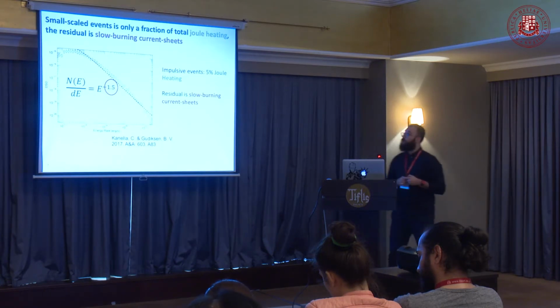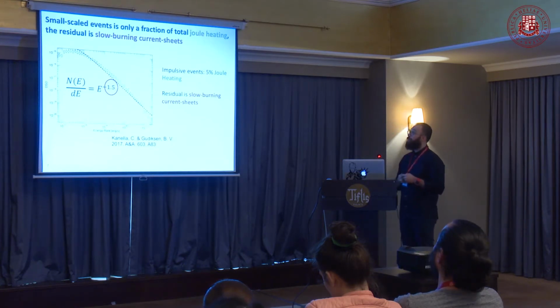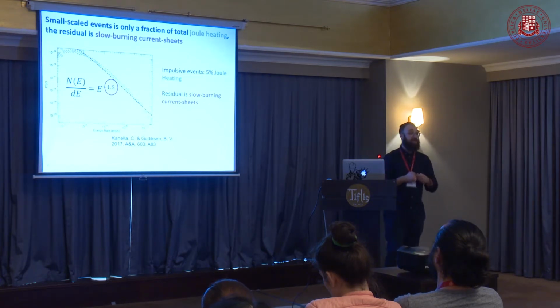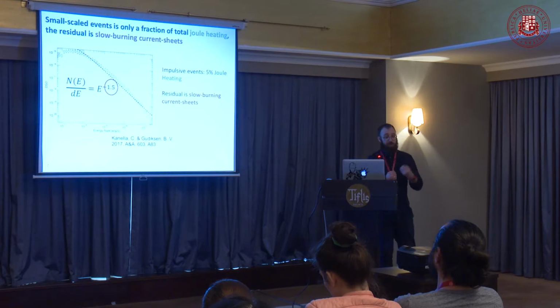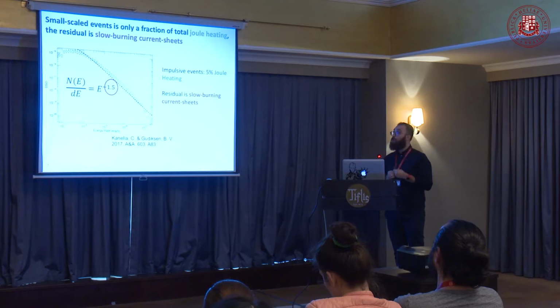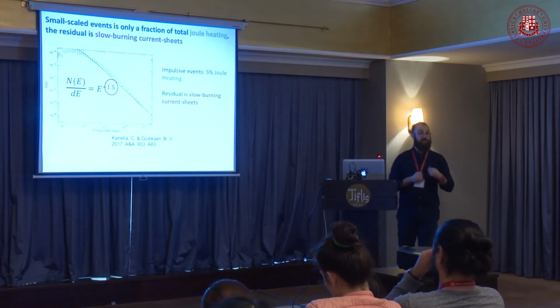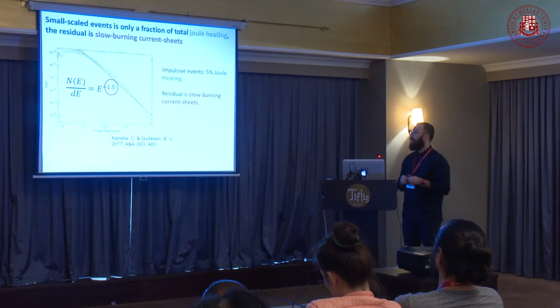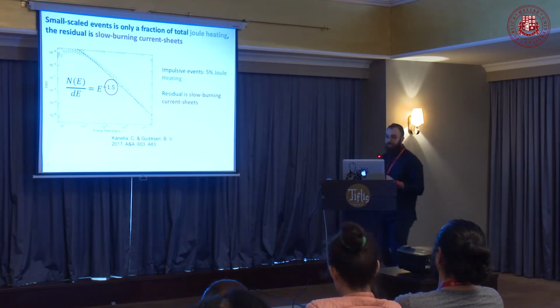Like other studies, we also identified a slope less than 2, and this is attributed to our small scale events, which account for 5% in this example of the total Joule heating, while the residual could be a combination of unresolved heating events, which we predict is rather a tiny fraction, and slow burning current sheets, which can be formed from any mechanism that can distort the magnetic field, such as waves passing.